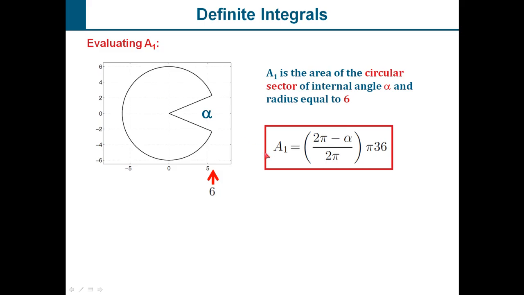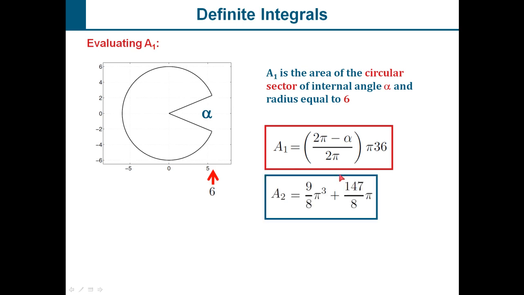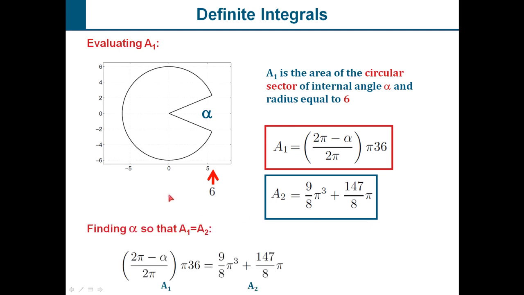Given the value of A1 that we have just found, and given the value of A2 that we have found previously, we can find alpha by equating the two areas so that A1 equals A2, and we can solve this simple first-order equation with respect to the unknown alpha.